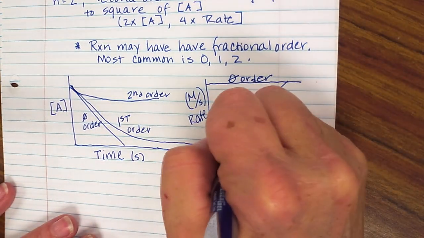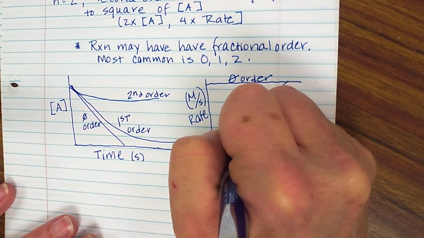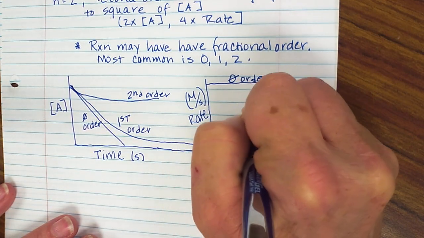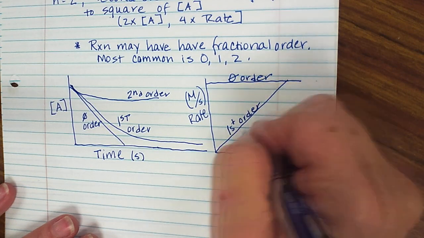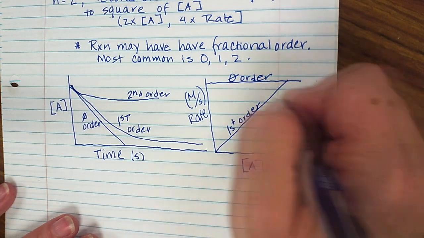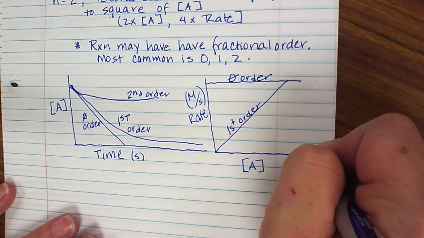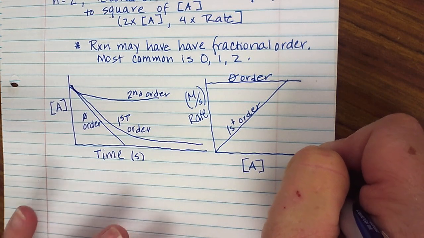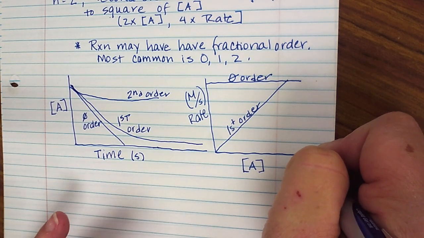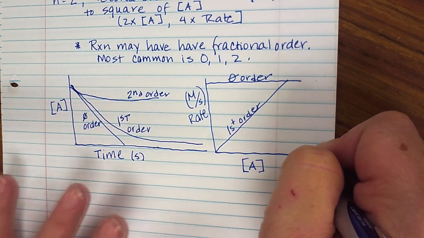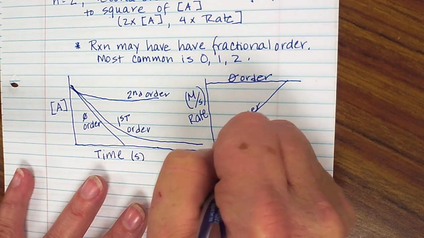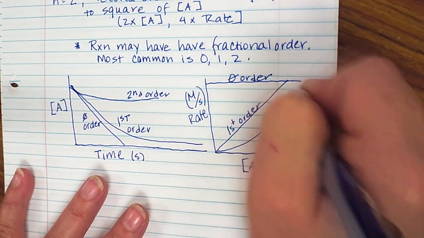First order looks like this. As the concentration increases, the rate increases, or this way, as the concentration decreases, the rate decreases. Right? And second order looks like this, exponential.